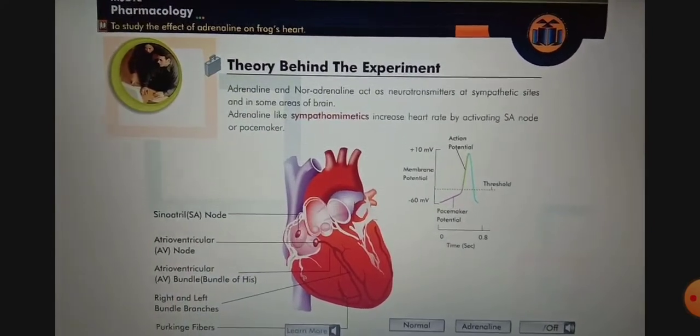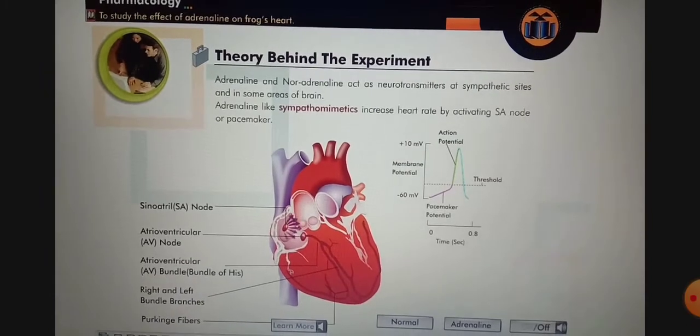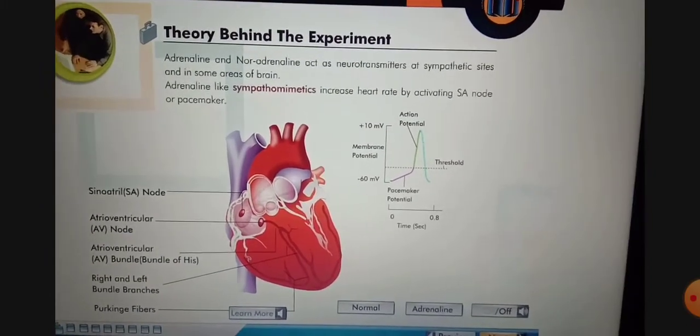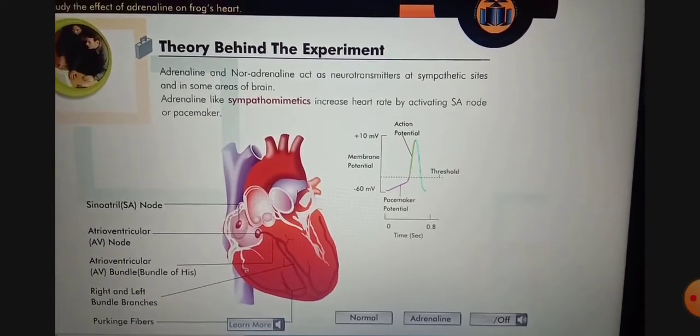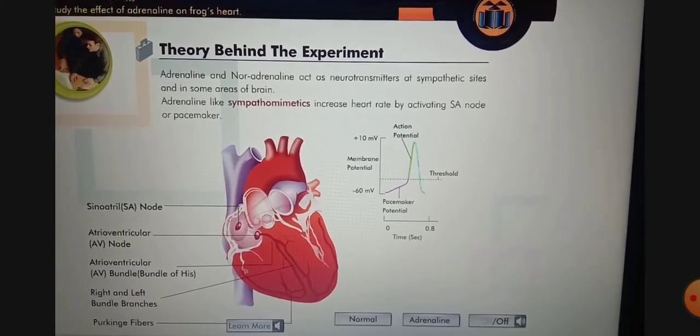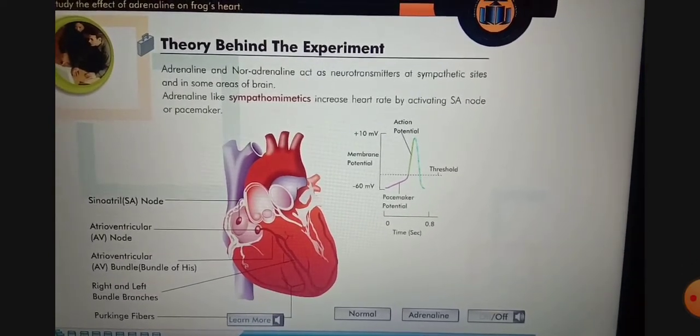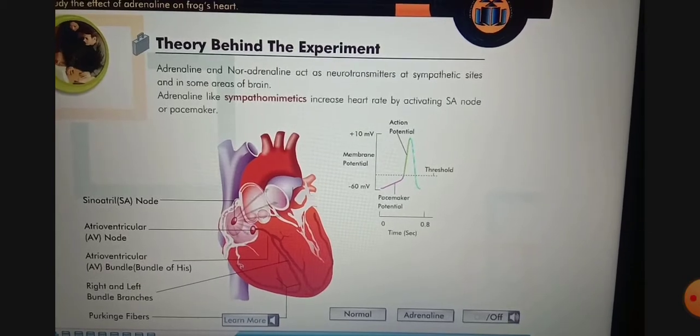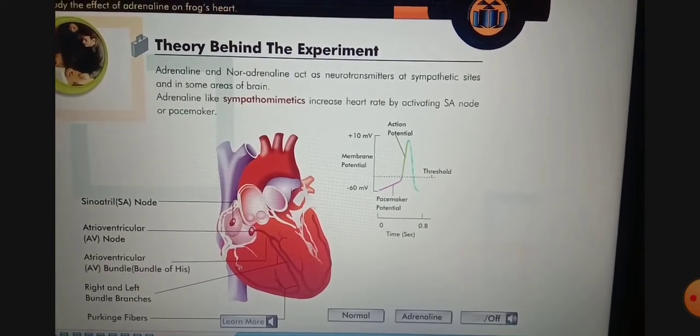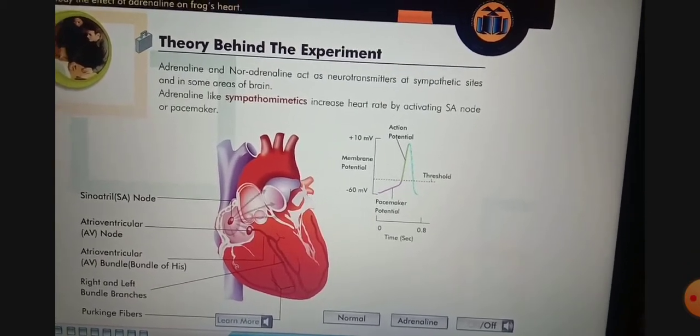Adrenaline and noradrenaline act as neurotransmitters at sympathetic sites and in some areas of brain. Adrenaline, like sympathomimetics, increases heart rate by activating SA node or pacemaker.